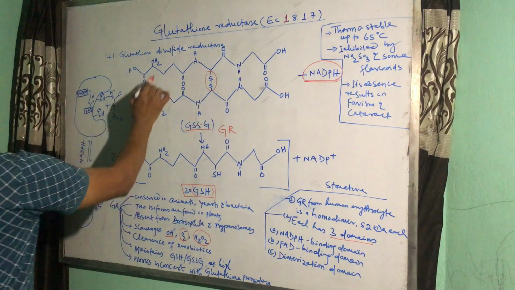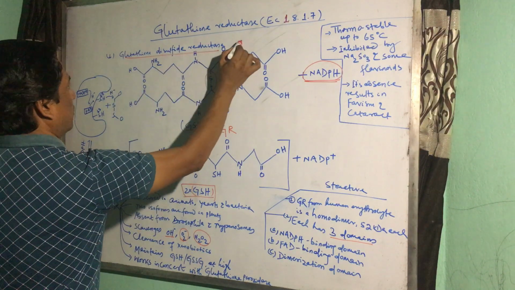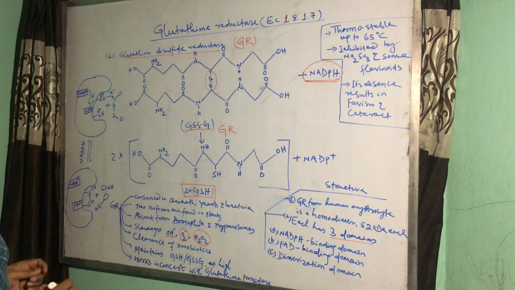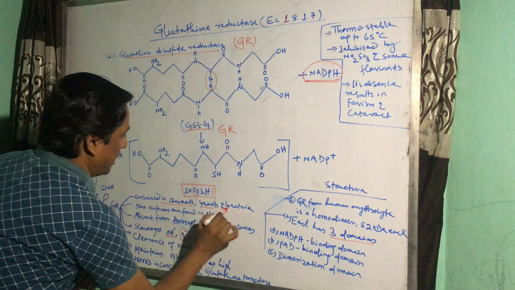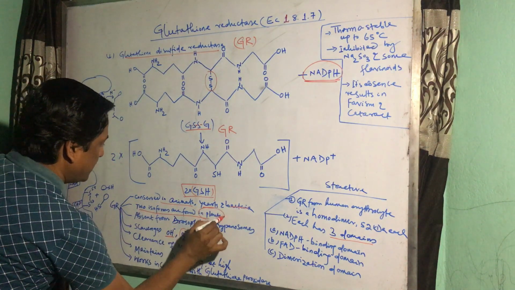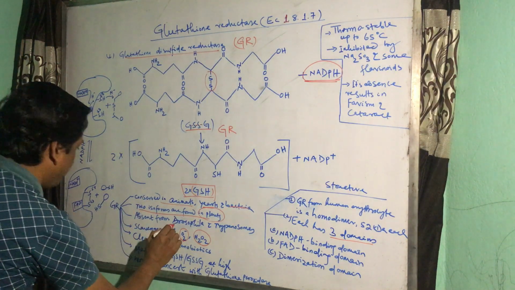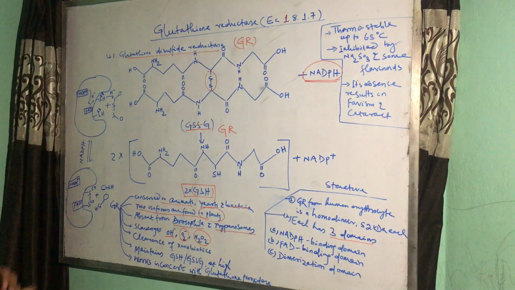And this protein, glutathione disulfide reductase, or in short glutathione reductase, designated as GR, is conserved in all animals, yeast and bacteria. There are two isoforms found in plants, but ironically, this enzyme is absent from Drosophila and Trypanosoma.